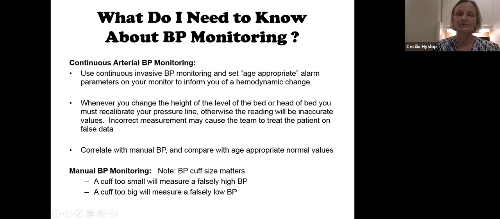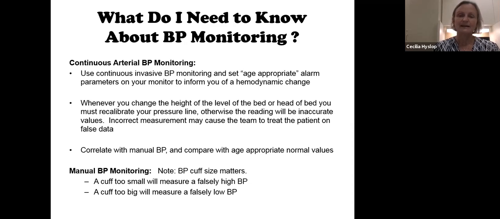So what do I need to know about blood pressure monitoring? Well, we have continuous arterial blood pressure, usually in critical care units. Otherwise, we have intermittent blood pressure. And so when we're using continuous invasive blood pressure, we often use the right radial artery line or left radial arterial line, or the femoral arterial lines.